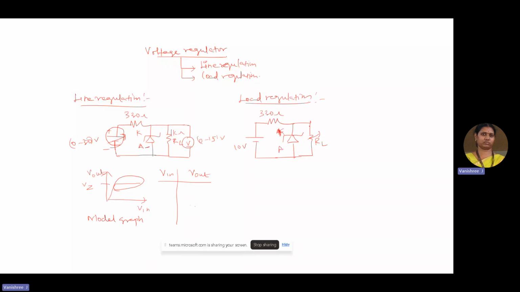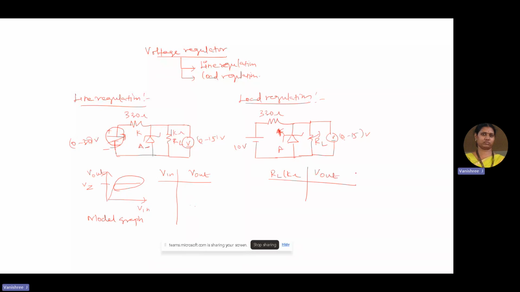We are going to observe whether the constant voltage is maintained across the load resistor. We are going to take various values of load resistors and observe what the output voltage is going to be.